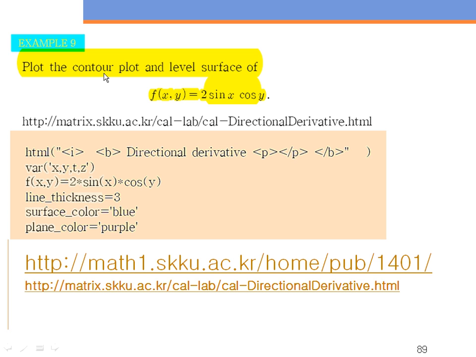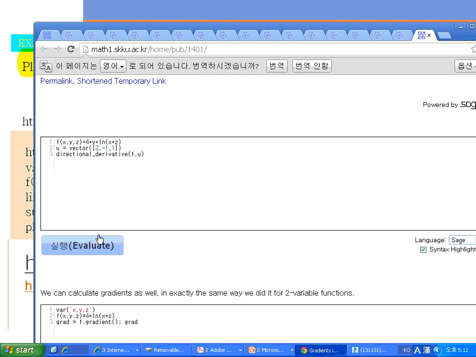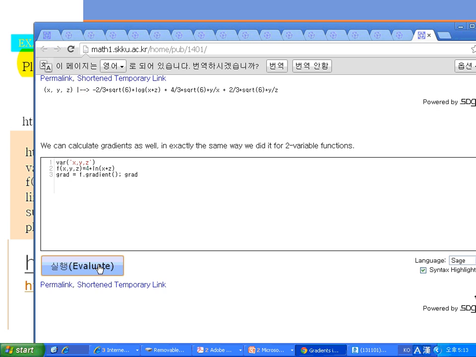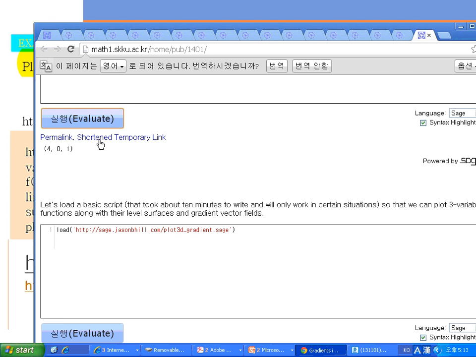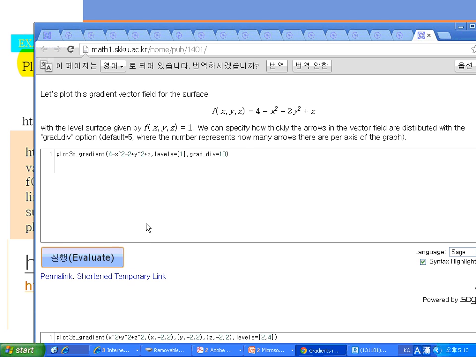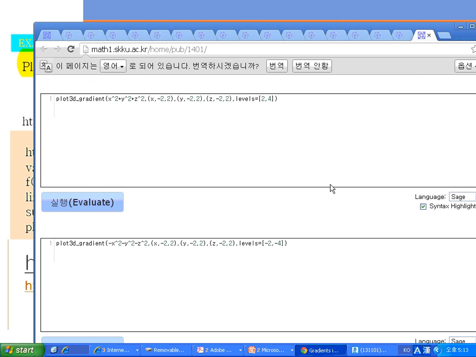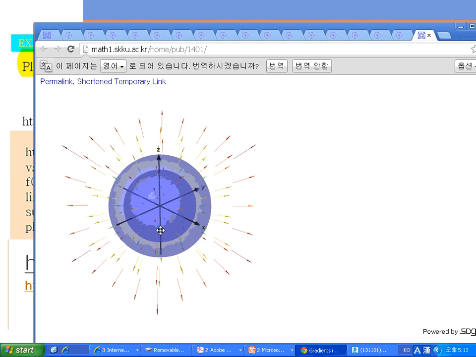Then plot the contour plot and level surface of this function. This can be done here with gradient 3 point, which shows the directional derivatives and gradients, and 3D plotting of these functions shows many different functions.